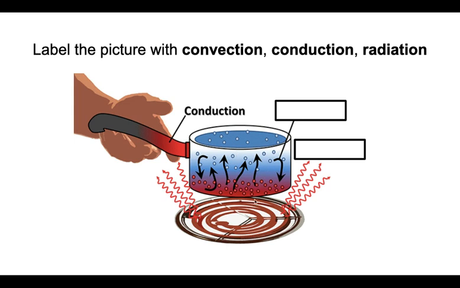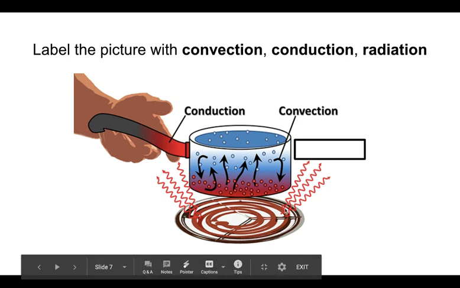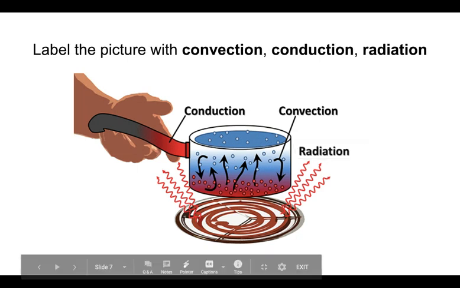Inside of the pot where the water is boiling, closer to the heat source, it's getting warm. Warm stuff is rising, cold stuff is sinking. We have changes in density. Convection. Energy transferring from the burner into space, radiation.